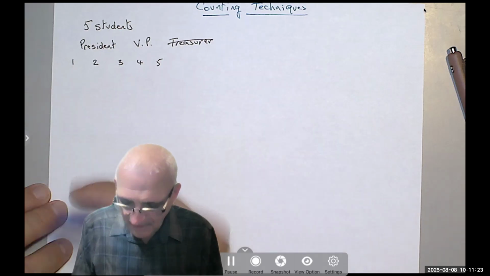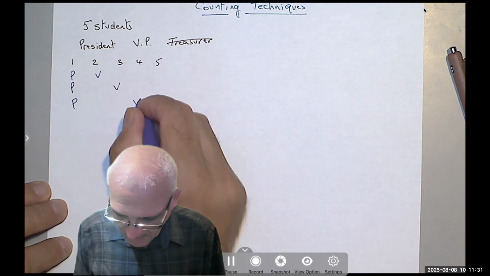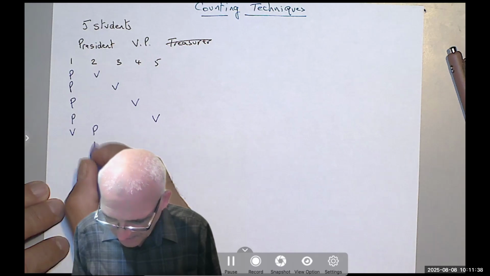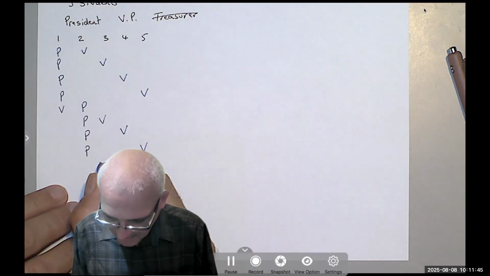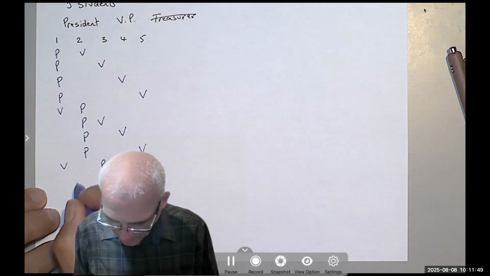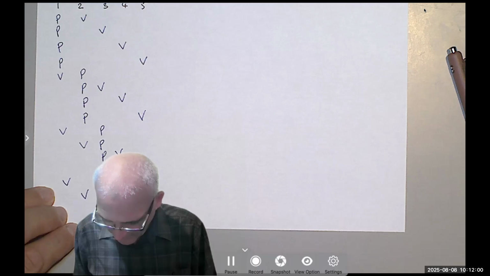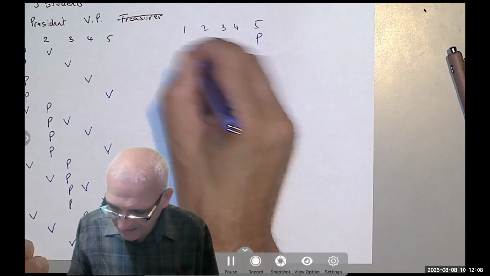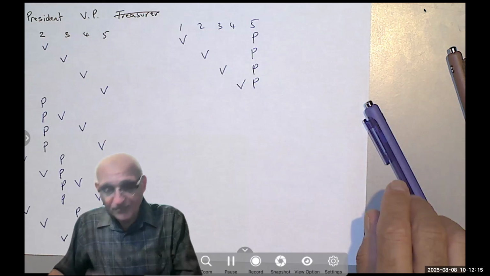But here I can have P and V, with student 1 as president and any of the others as vice president. Or student 2 as president with each of the others as vice president. Or the president is number 3, and so on. Then the president is number 4, and finally the president is number 5, each with their possible vice presidents, for a total of 20.